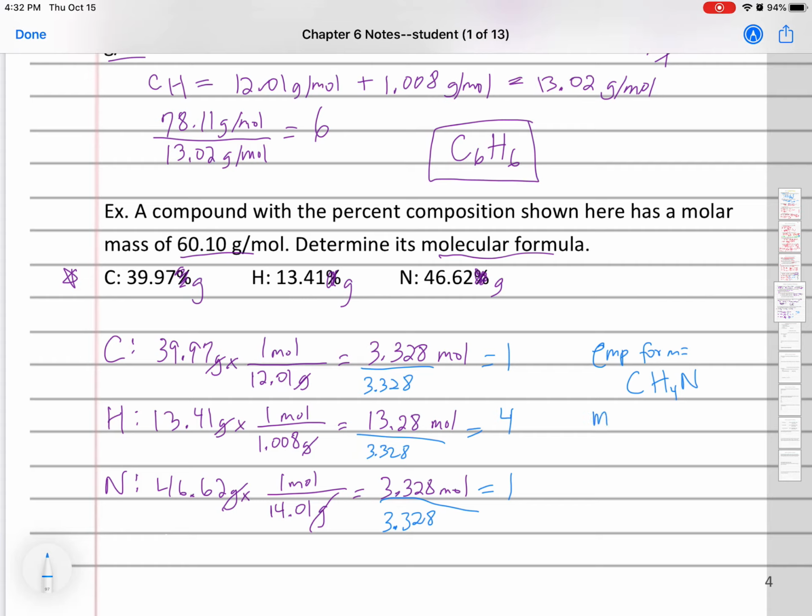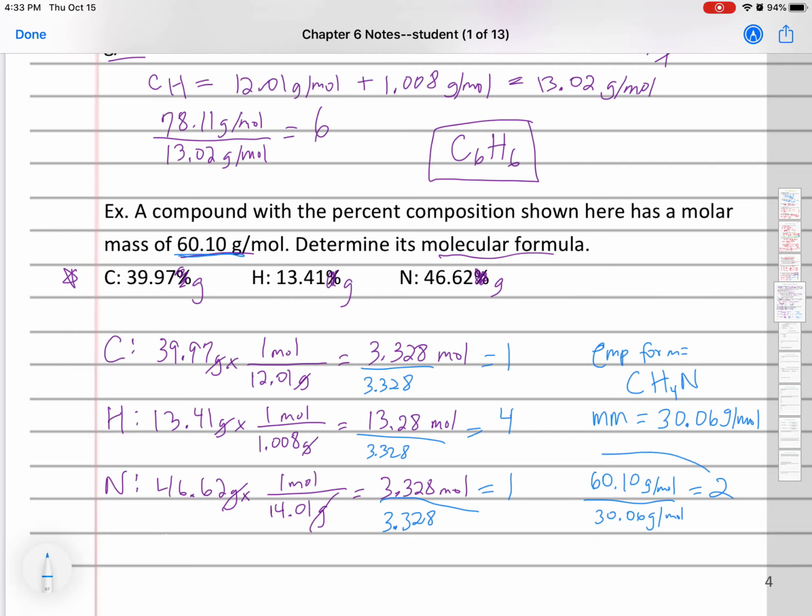The molar mass of this empirical formula, the empirical formula mass, if we add this up, 12 plus 4 plus 14, roughly, is 30.06 grams per mole. All right, that does not equal the molar mass, so we need to do some division. 60.10 grams per mole divided by 30.06 grams per mole equals 2.